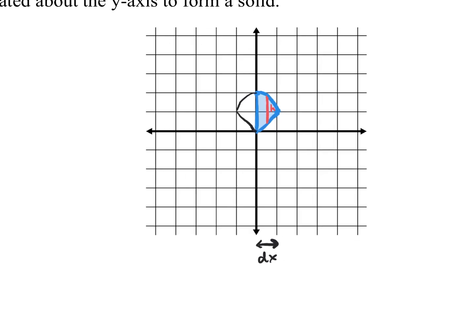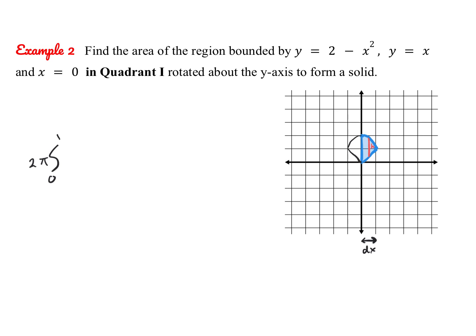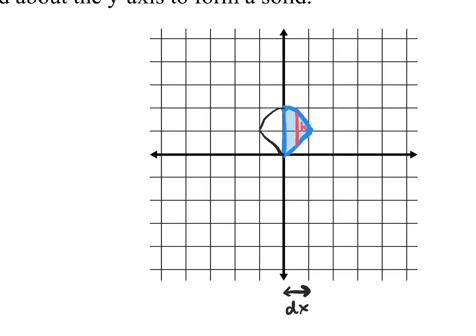So my h value, you can see, is going to be the vertical distance between my quadratic and my linear function. And we always do top minus bottom to make sure that the result is always positive. So h is going to be 2 minus x squared minus x. And then you can see that my radius, I'm going to zoom back in, is going to be the horizontal distance starting from x equals 0 and moving towards the right.